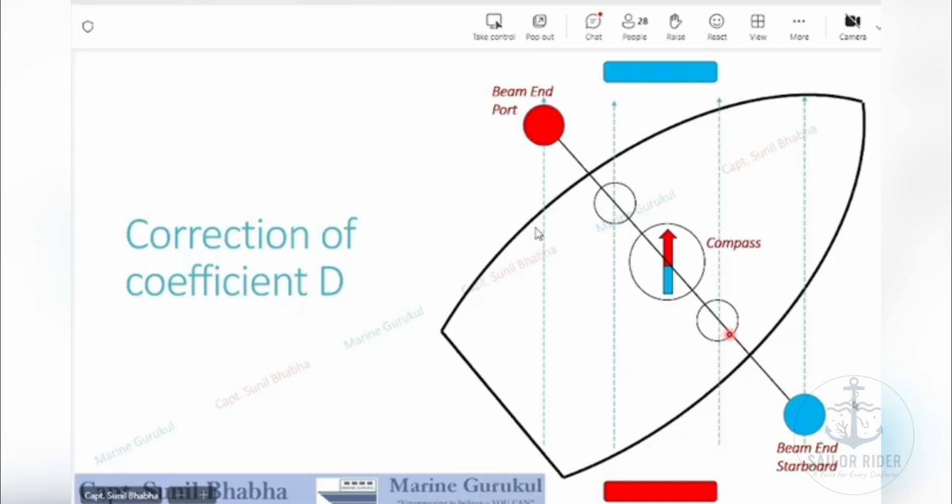These spheres will also be induced by the Earth's magnetic field lines. The end of the sphere where the magnetic field lines enter will get a blue polarity. So you see the south end of the sphere. Let's first concentrate on the starboard side corrector, starboard side sphere.